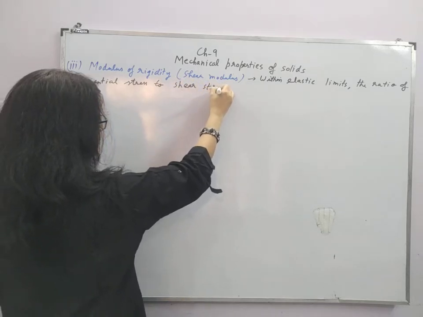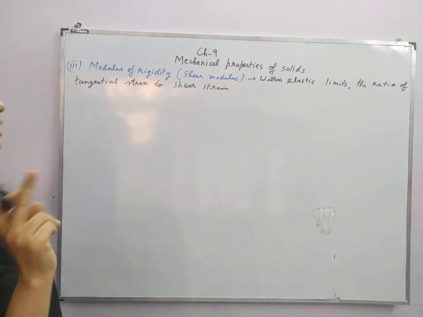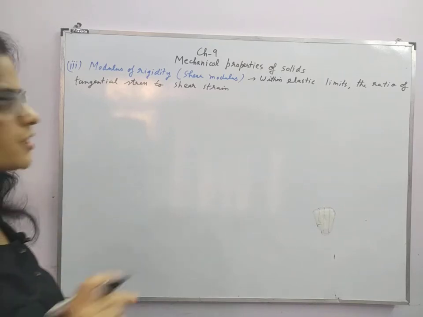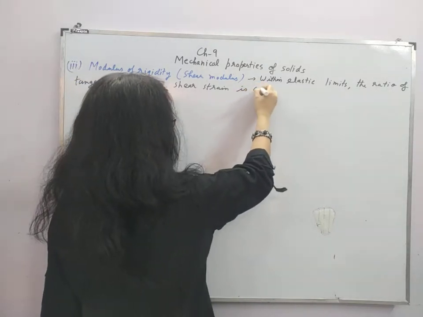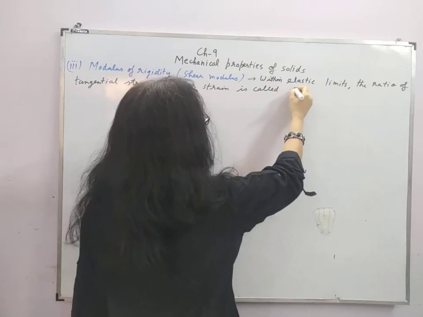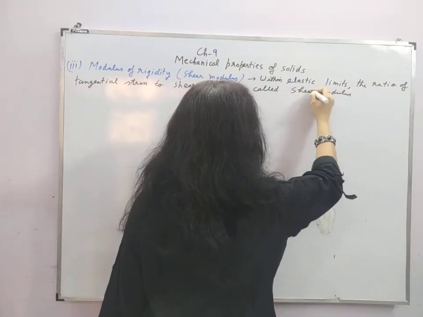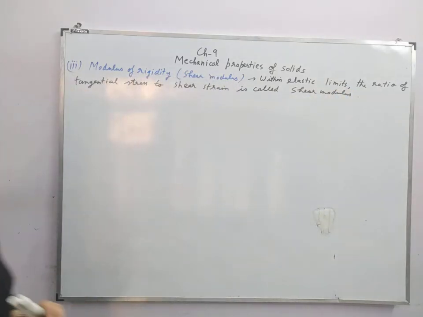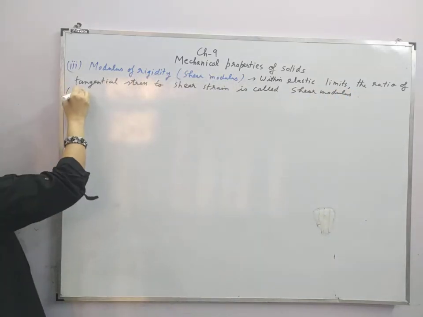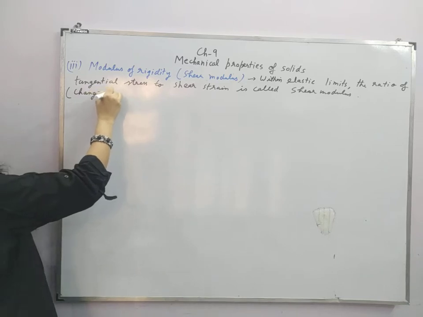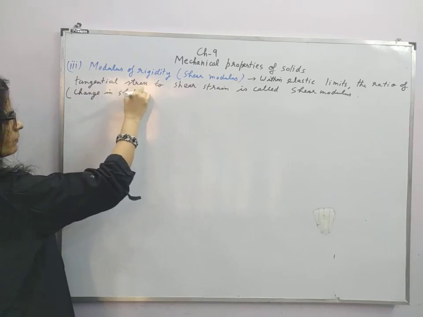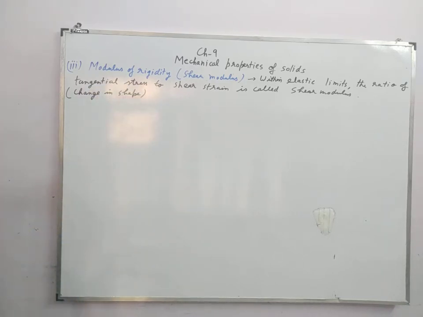I'll tell you what is shear strain. The ratio of tangential stress to shear strain is called shear modulus. This is actually related to the change in shape. So always a change in shape is involved in this modulus of rigidity.